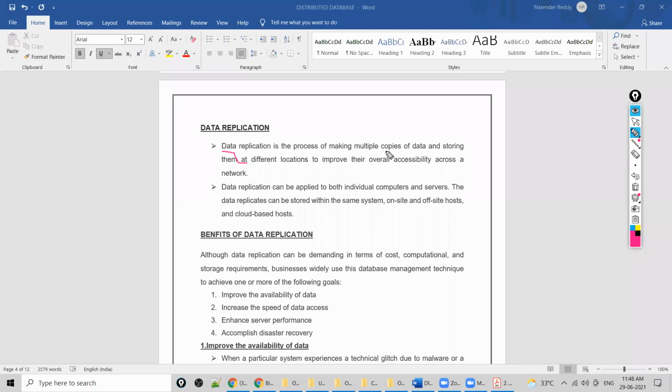Data replication simply means that if you want to store one copy in more than one place, that is called nothing but data replication. Simple, madam.